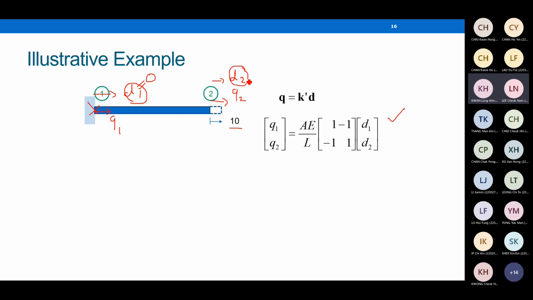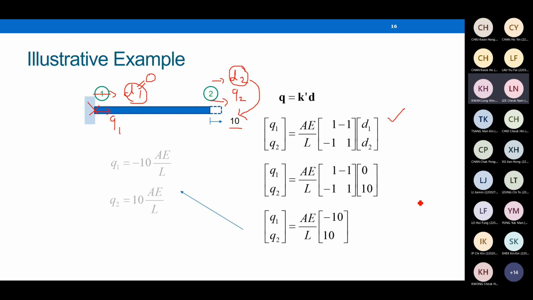D2 I give you directly in the picture. That's why I call this oversimple. D2 is 10. Substitute these well-defined properties into these equations. Then you can use this equation to find the forces Q1 and Q2. Q1 and Q2 can be obtained immediately.